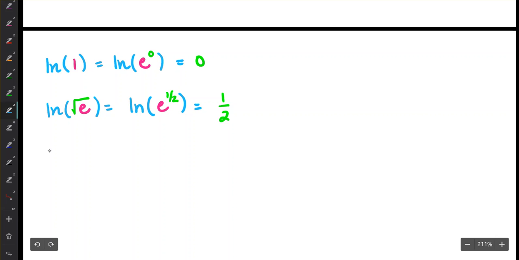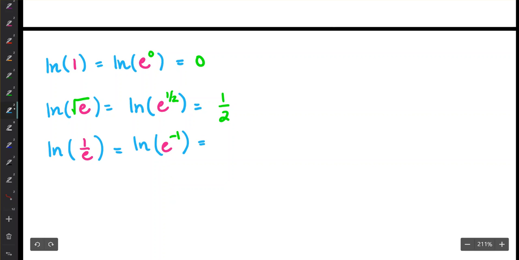Couple more. ln of, how about 1 over e? Well, 1 over e is a perfect power of e. It's e to the -1 power. Natural log is gobbling up a perfect power of its base.